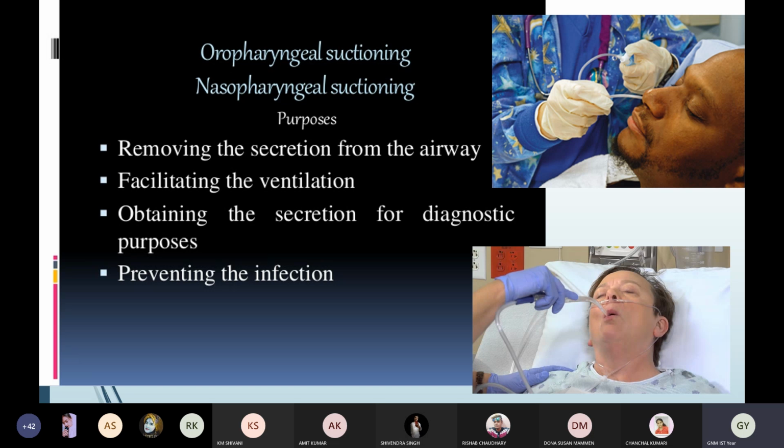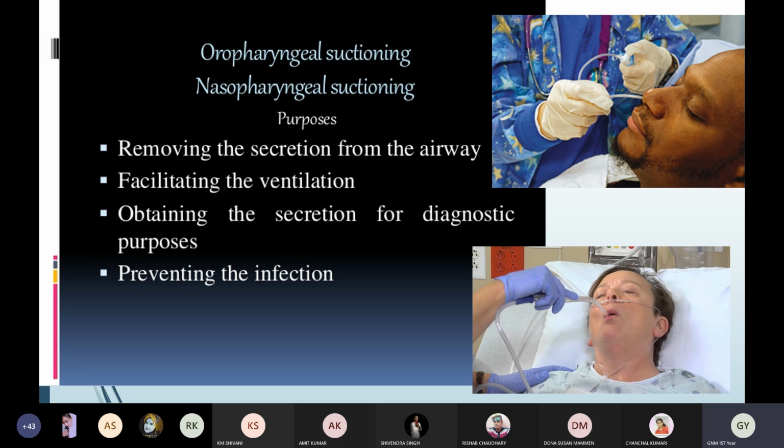And last is preventing infections. If there is infection, then there is pus collection and secretions, so we need to remove the secretions so that the rate of infection will decrease. So these are the purposes of oropharyngeal and nasopharyngeal suctioning.